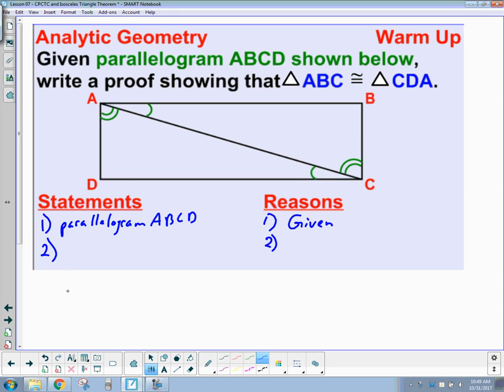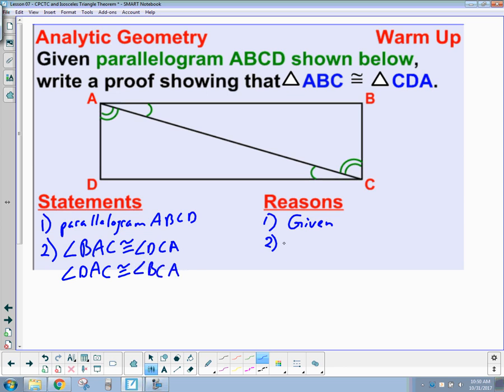Being that this is a parallelogram and it has this transversal, we can state that angle BAC is congruent to DCA, and angle DAC is congruent to BCA.